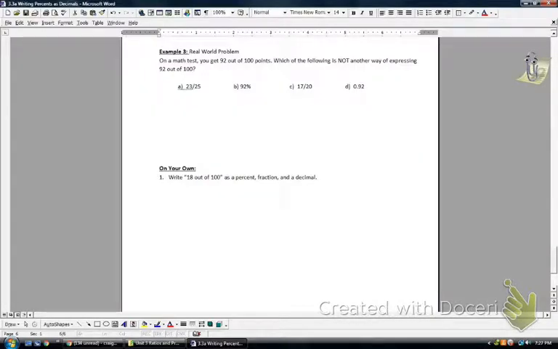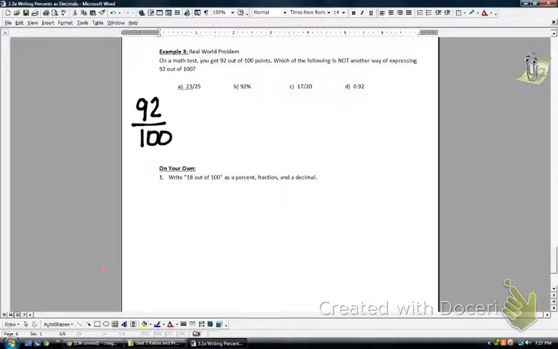All right, now we have a real world problem. Example 3 says on a math test, you get 92 out of 100 points. Which of the following is not another way of expressing 92 out of 100? So 92 out of 100 written as a fraction looks like this.